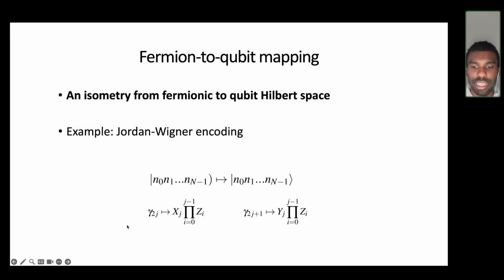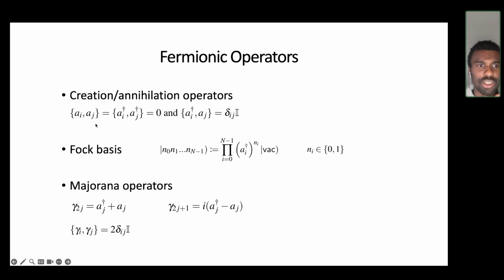And if you look at what that does to either creation and annihilation operators or Majorana operators, you'll see these trailing Pauli Z strings. X, Y, and Z are the Pauli matrices. It's these chains of Zs that keep the anti-commutation relations going, because they're carrying the phase factors, if you know what I mean.